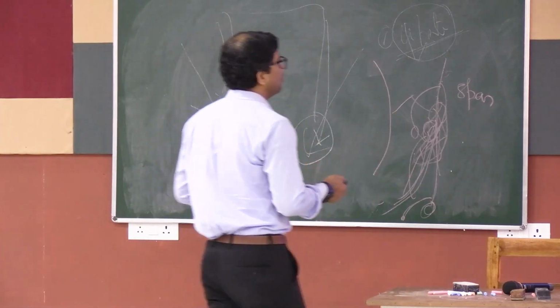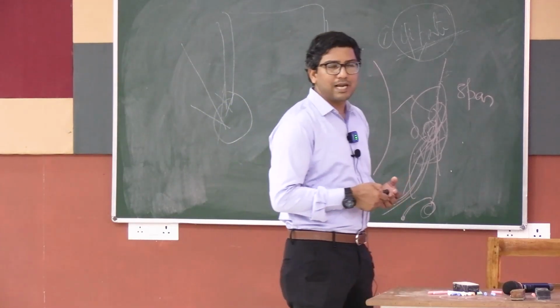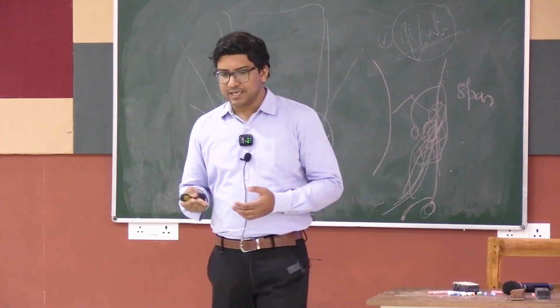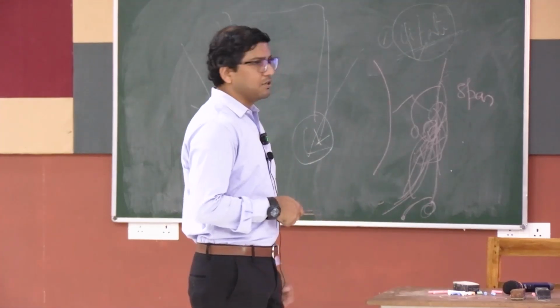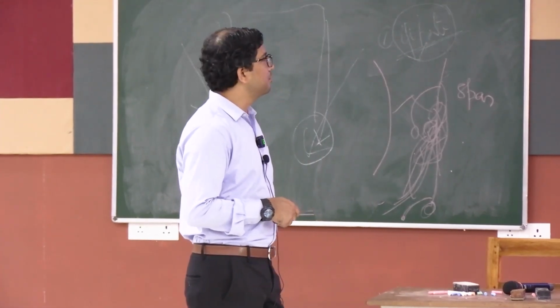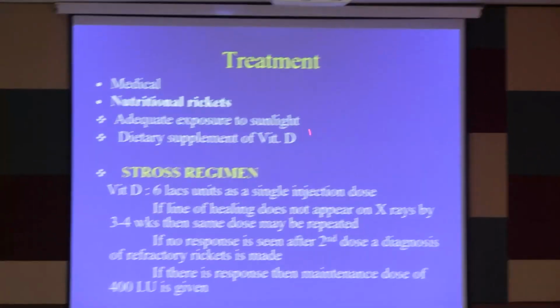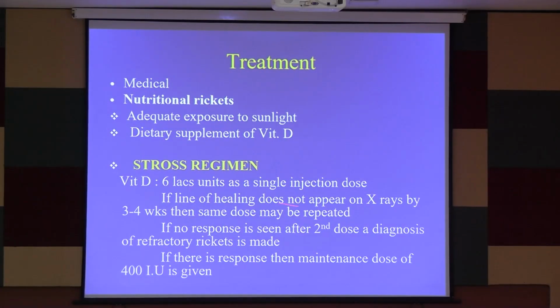In nutritional rickets, you ensure that the patient is getting adequate sunlight, and adequate dietary vitamin D supplement, and you start the Strauss regimen. The principle of the Strauss regimen is that you start with a high bolus dose of vitamin D to address the deficiency, then gradually maintain the dose.